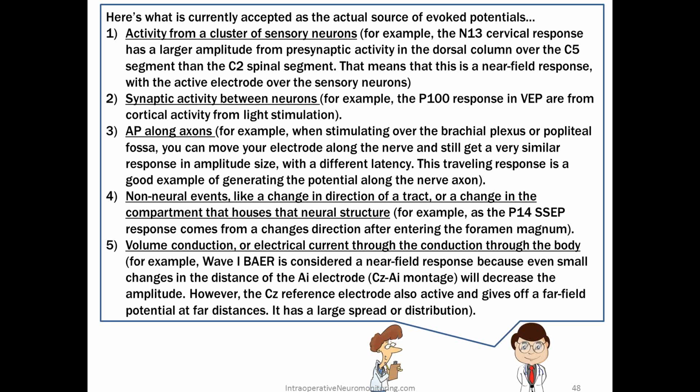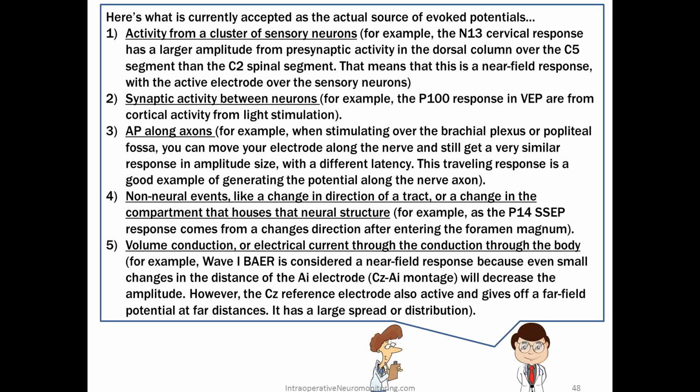Now you might also have seen that you can get a large C2 cervical response, but that is a different response coming from the dorsal column as it comes into the cuneate nucleus, if you're in the upper extremity. It is that postsynaptic activity at the C2 spinous process, which is also a near field generator, causing a large potential.